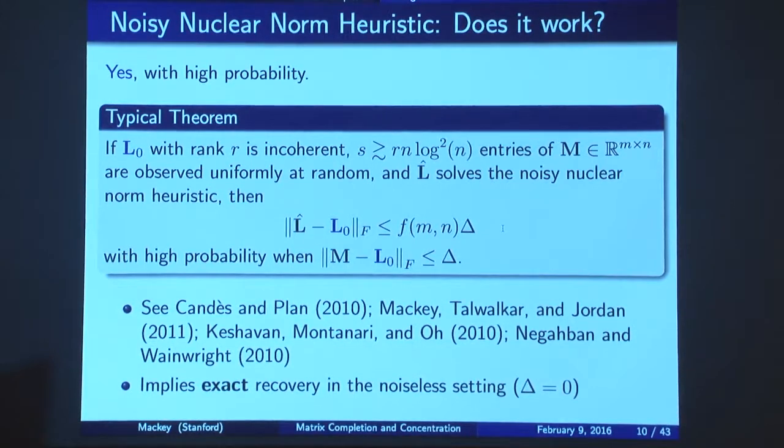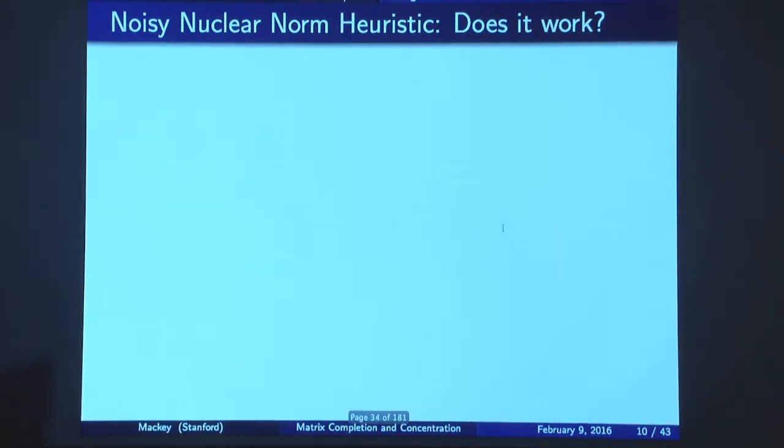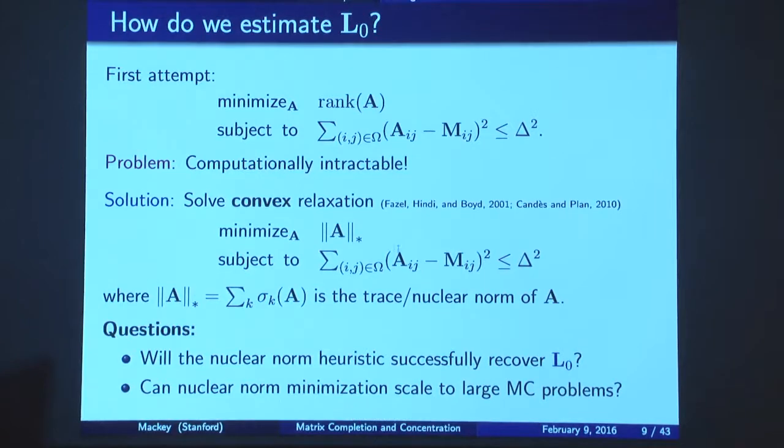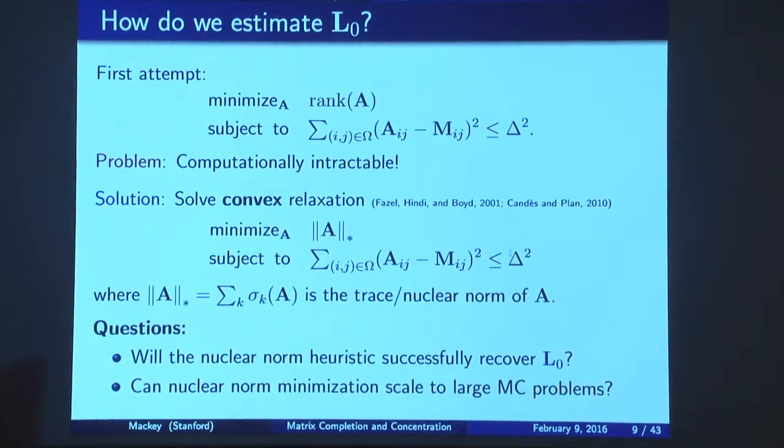Yes? So do I have to supply an upper bound on R for the algorithm? It depends on the algorithm. But for this sort of procedure, you wouldn't. But there's always something that you have to supply. In this case, it's delta for the noise level.